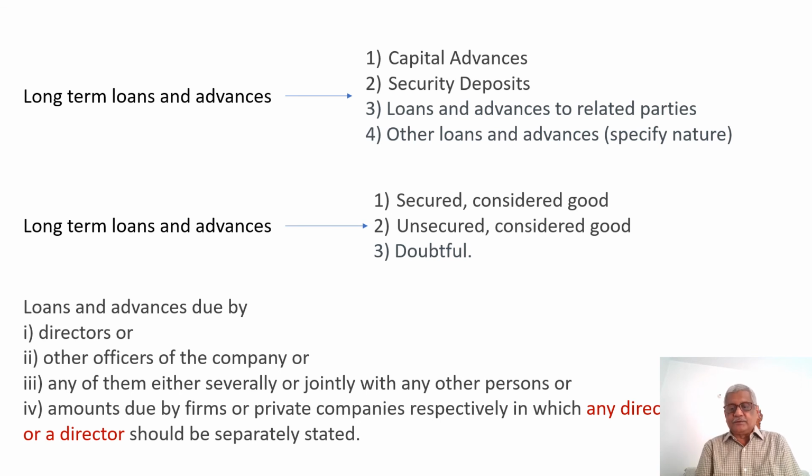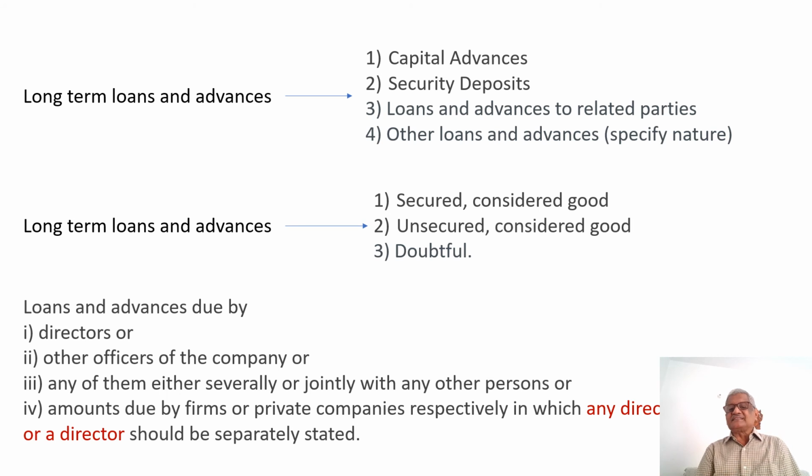Second one is security deposits. The security deposits kept with the excise department or with the sales tax department or the GST department or with the electricity board, they are all coming under the classification of security deposits. So they have to be classified under long-term loans and advances under non-current assets.